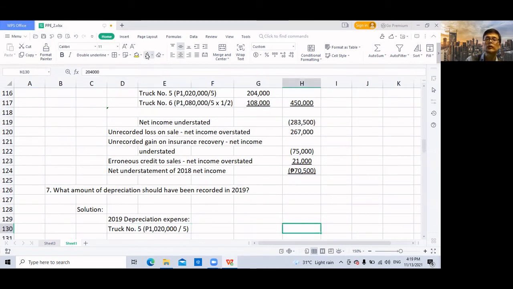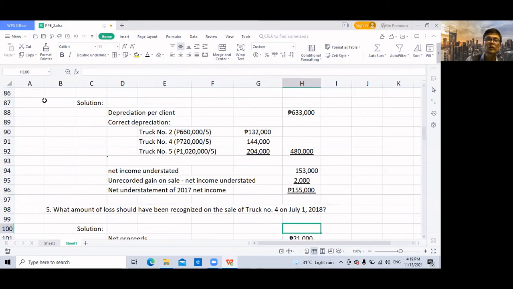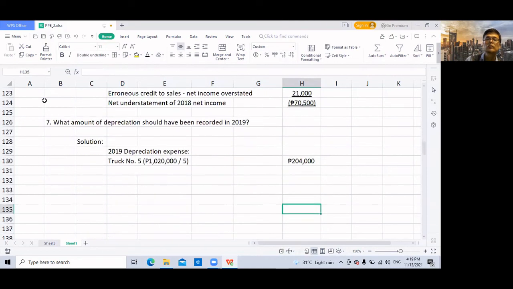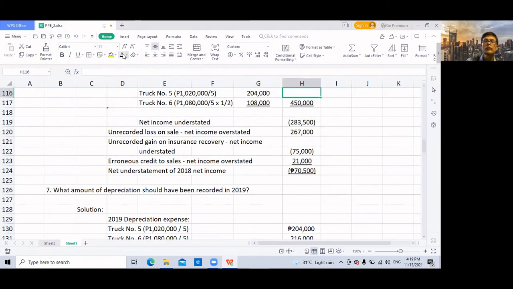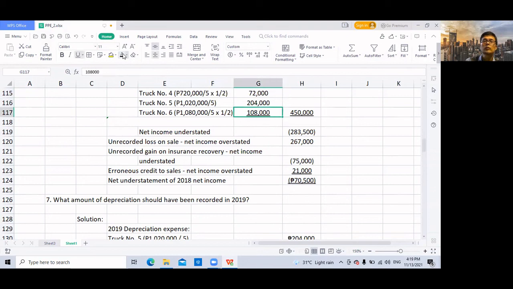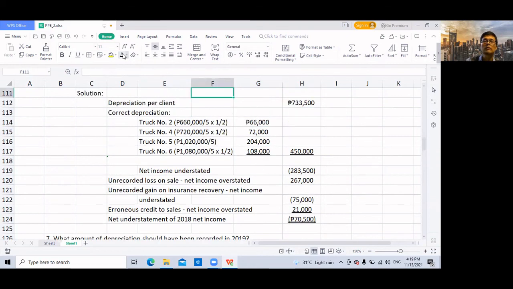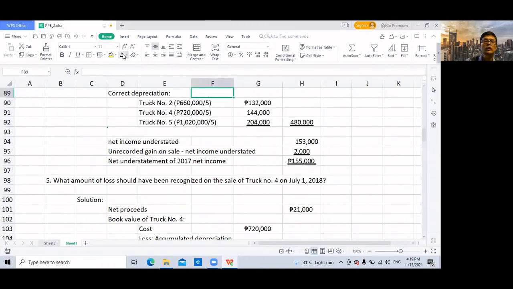So this is 204,000, tulad nung depreciation dun sa taas. And then yung number 6, which is yung nabili rin na sakyan. So that is 216,000. Mapapansin mo yung number 6 dito, half a year lang, pero doon full year, no?